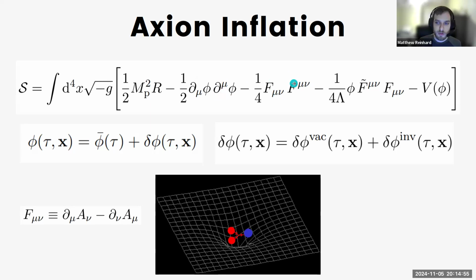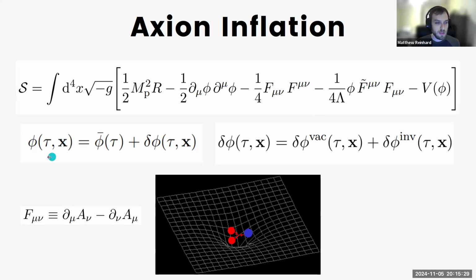This F mu nu is the field strength tensor for a general gauge field, A mu, which is not necessarily the electromagnetic four-potential, but some general gauge field. We have the potential for the inflaton field and an interaction between the inflaton and the gauge field. And it's this interaction that really introduces parity violation into the 4-point correlation function.